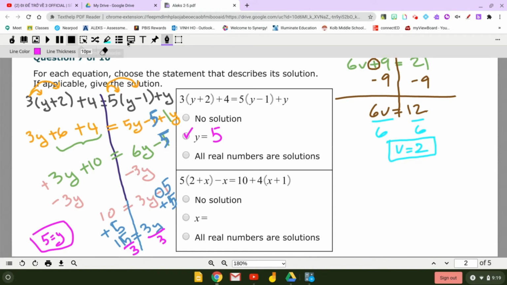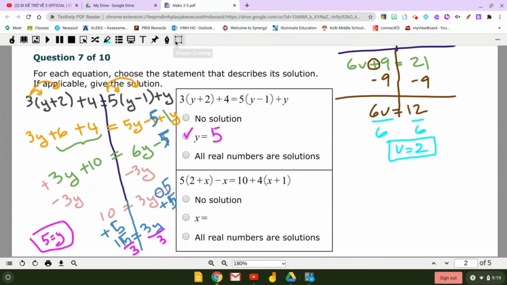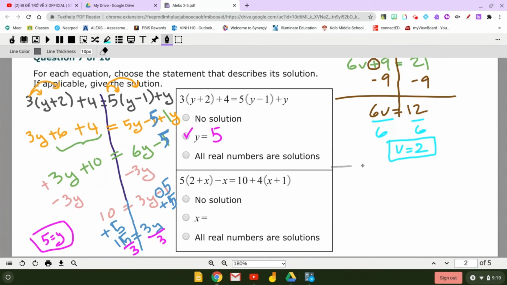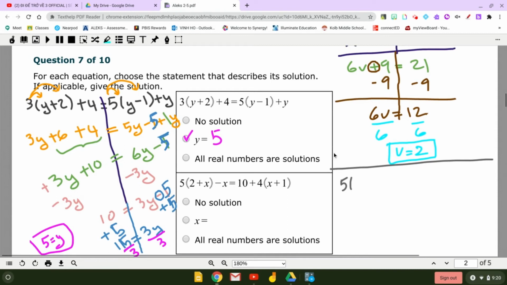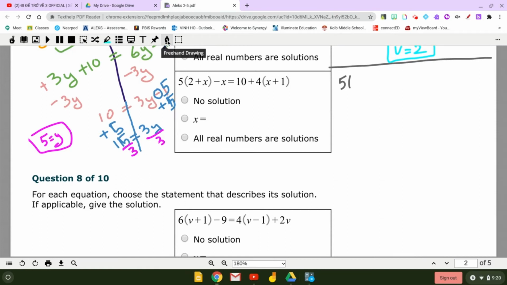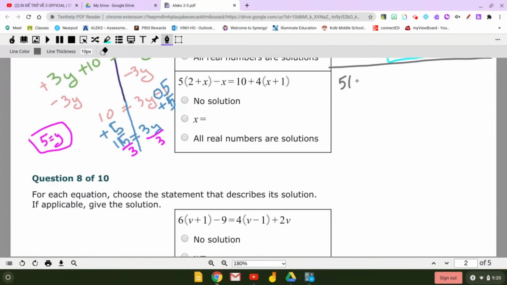All right, next one. 5 times (2 plus x) minus x equals 10 plus 4 times (x plus 1).